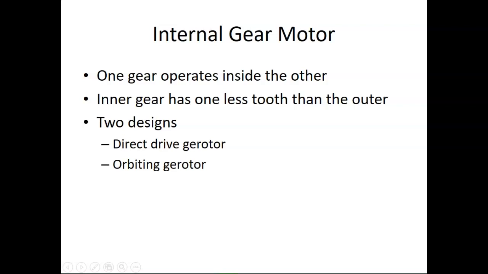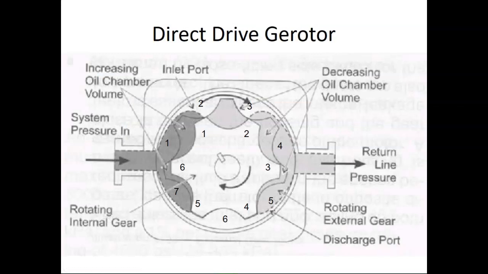I don't know what a gerotor. Gerotor? Is that an actual thing? Didn't think it was. Somebody put it in there. I think it is supposed to be a rotating gear or gear rotating, something like that.